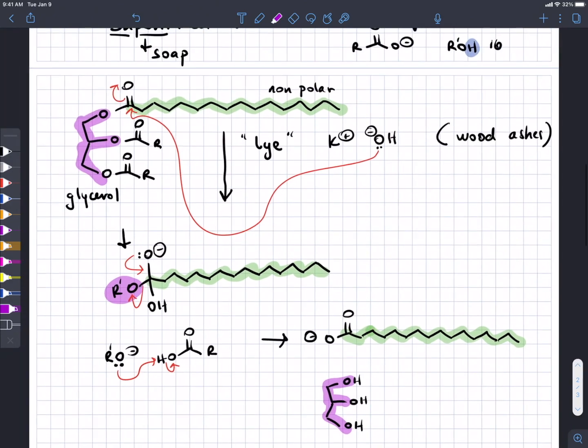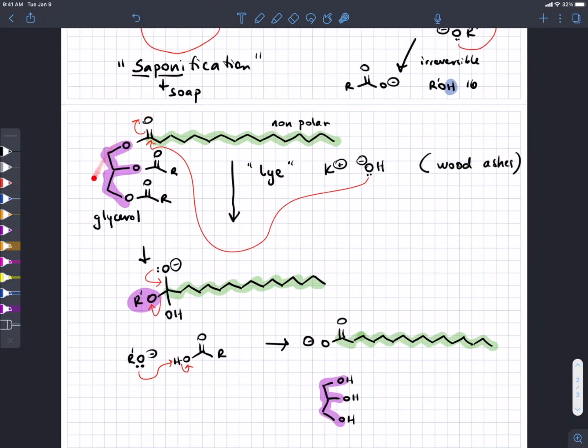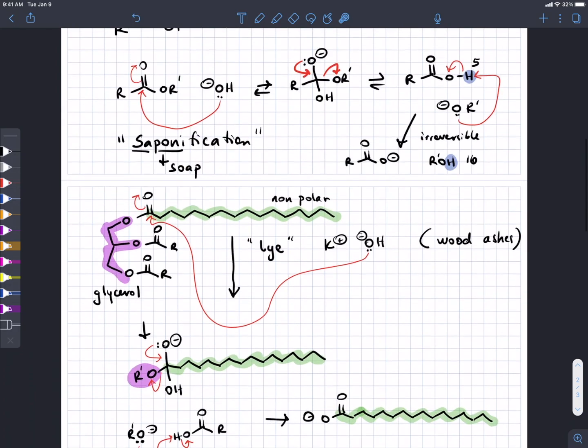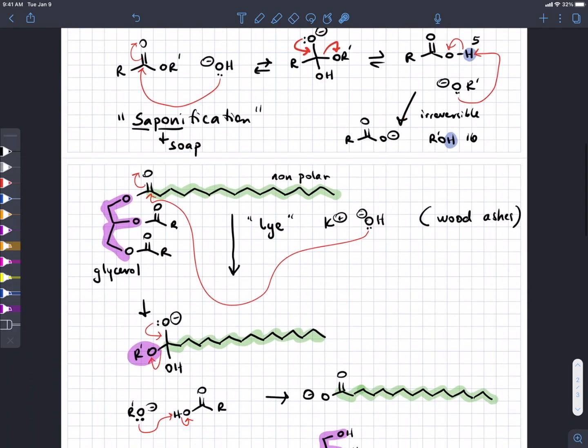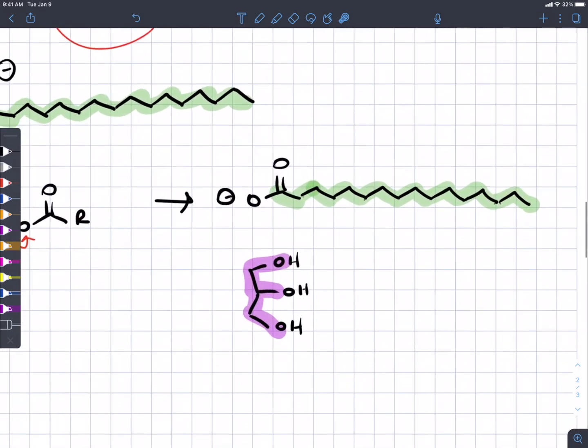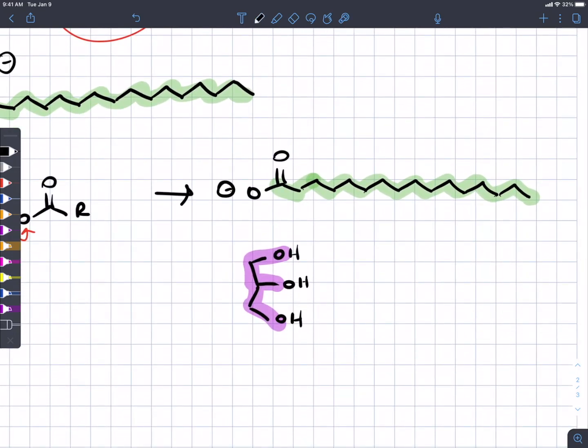Well, what I've tried to show you here is just an example of the general saponification reaction. But the reason it makes soap is because this long chain fatty acid is what it's called. Kind of rude, but okay, whatever.